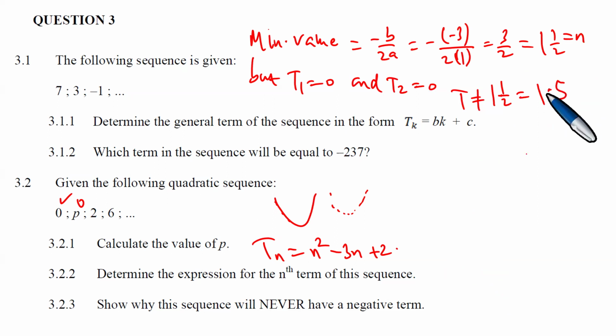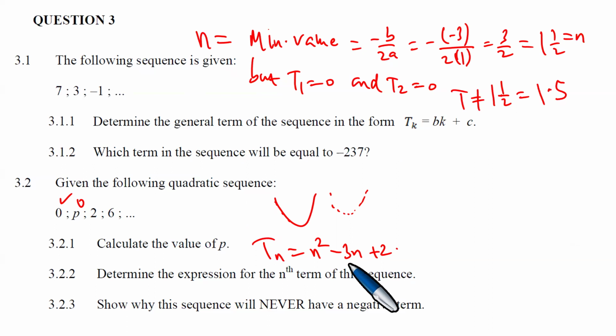And now we cannot say the value of n is 1.5 because we're looking at the number of terms. So the number of terms cannot be 1.5. It's either term number 1, term number 2, term number 3, and so on. So obviously, if we say n equals this, where we use minus b over 2a to find the value of n, there is either the first term, the second term, the third term, but it can't be 1.5.